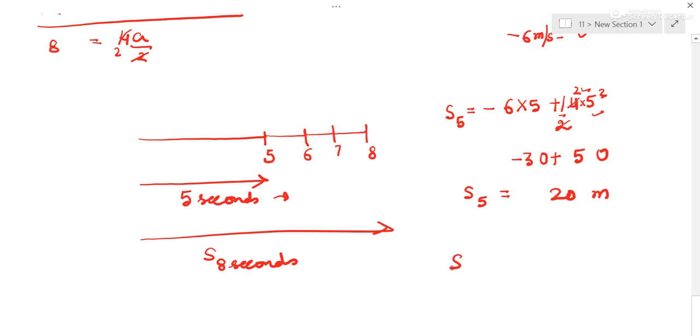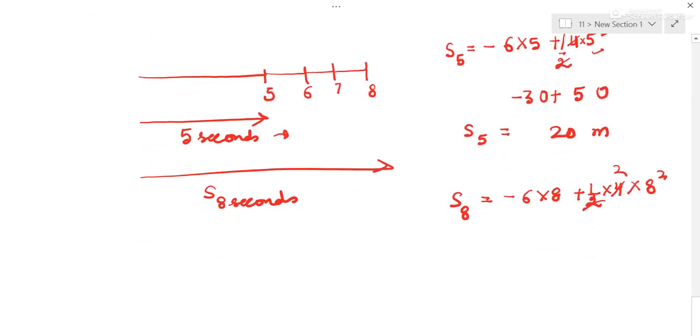Now similarly you can find out the distance in 8 seconds using the same. So minus 6 into 8 plus half a t square. a is 4, you can see here, and t square is 8 square, that is 64. 64 into 2 is 128.